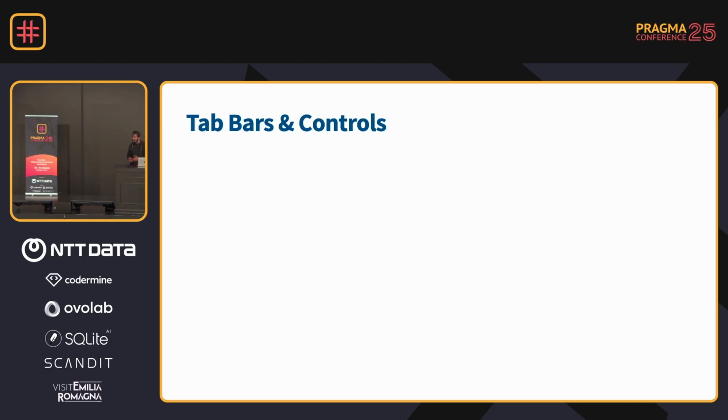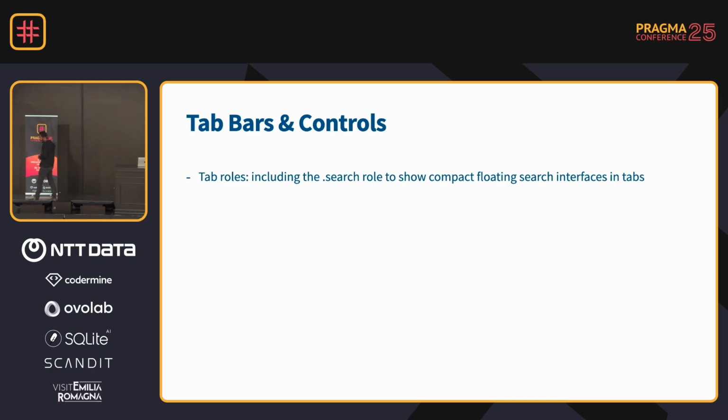Let's see what's new with the tab bars and controllers. In the tab bar, there's a new tab bar operation we call tab bar roles. Right now, Apple gives us only one role. It's called search, and it gives you a dedicated search tab in your application.